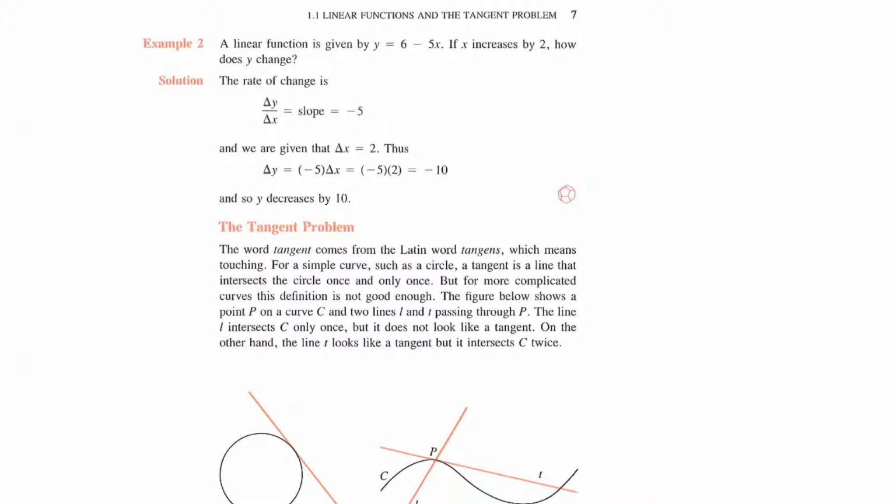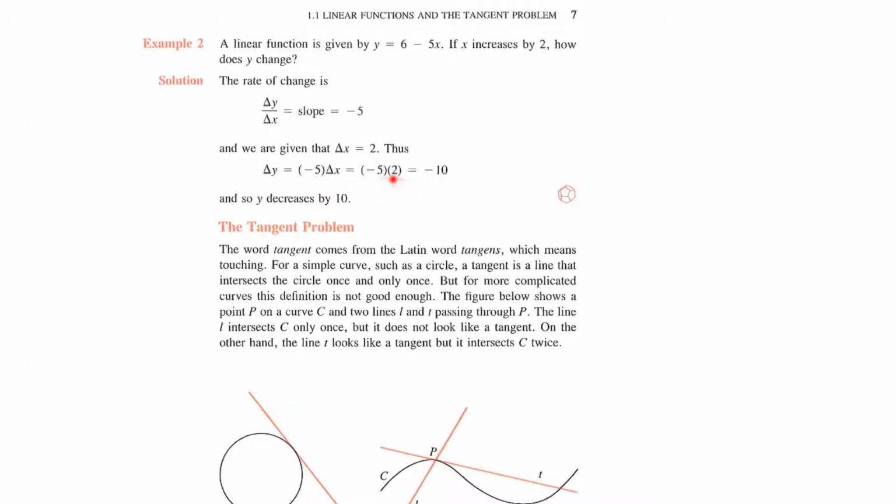Example 2. A linear function is given by y equals 6 minus 5x. If x increases by 2, how does y change? The slope of the line is minus 5. Therefore, the rate of change is minus 5. This means delta y is minus 5 times delta x.